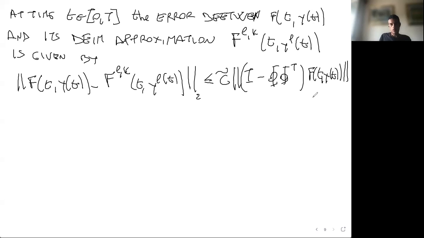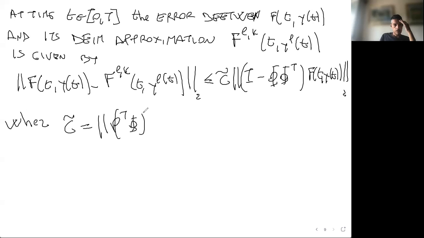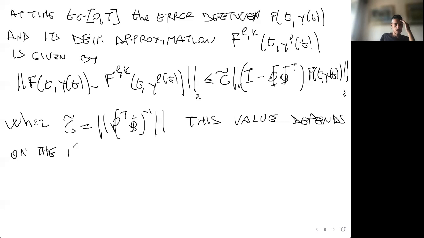I can consider the two norms here, where C tilde is equal to the norm of (P transpose phi) inverse, and this value depends on the method used to compute P.